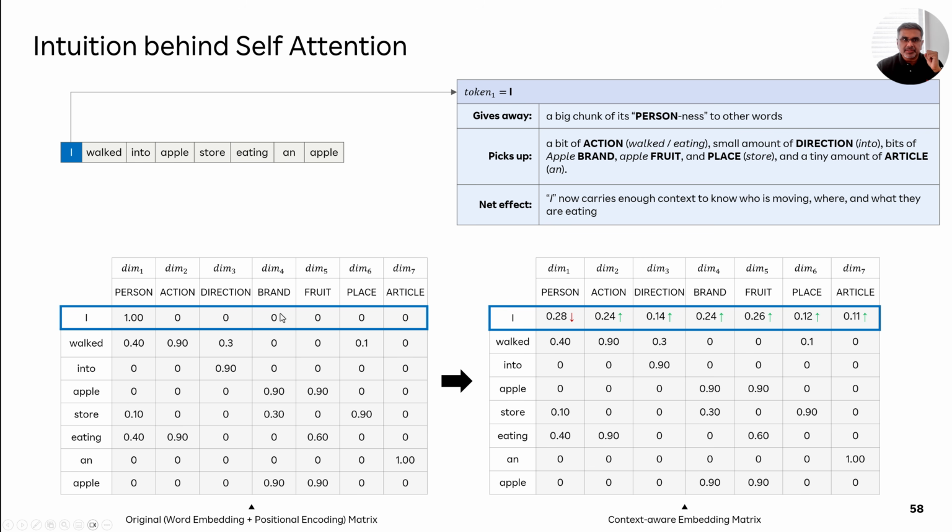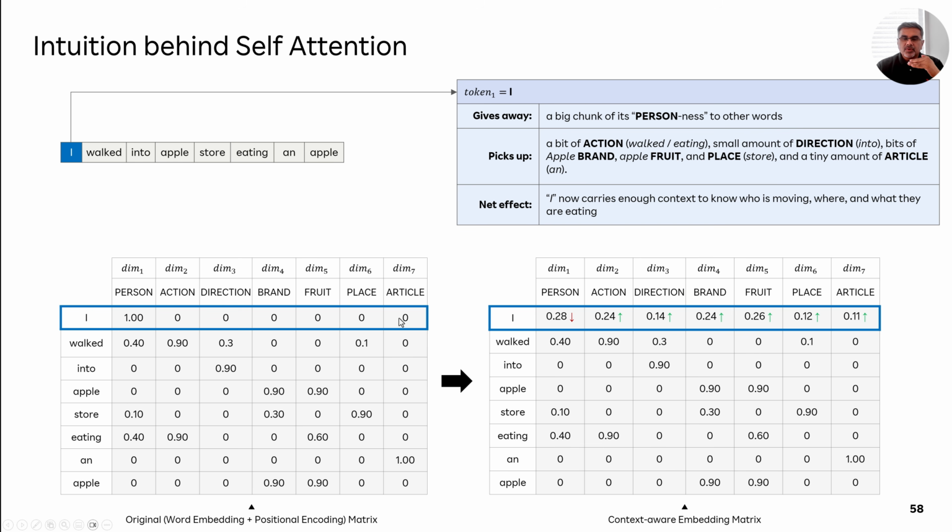It picks up a certain bit of action from "walked." It'll pick up a certain bit of action signal from "eating." It will also pick up a certain bit of feature values from direction because this person "I" is walking into something, right? And it will also pick up a certain amount of signal strength from brand, from this word "apple," and a certain bit of signal strength from fruit, from the second occurrence of the word "apple," and so on.